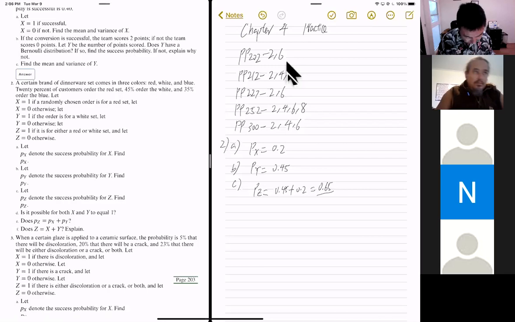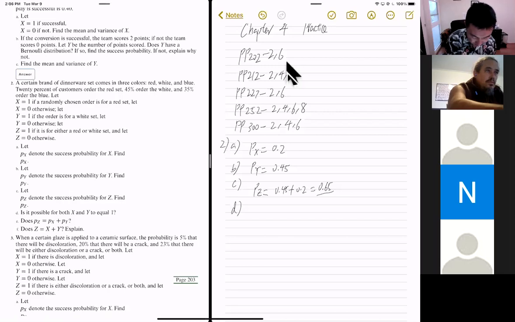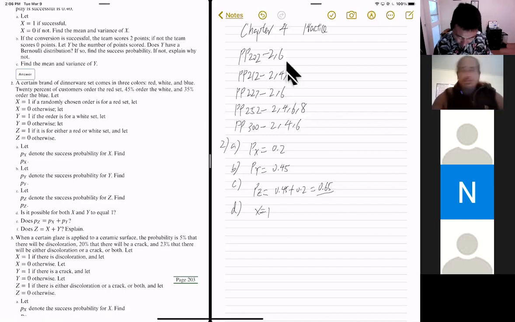D, is it possible for both x and y to equal 1? So x equals 1 when the color is red. Okay. So x equals 1 when it is red. And y equals 1 when the color is white. Okay. So is it possible for both x and y to equal 1?